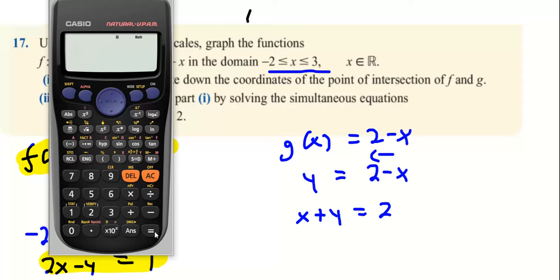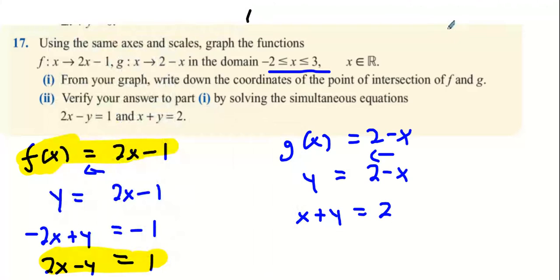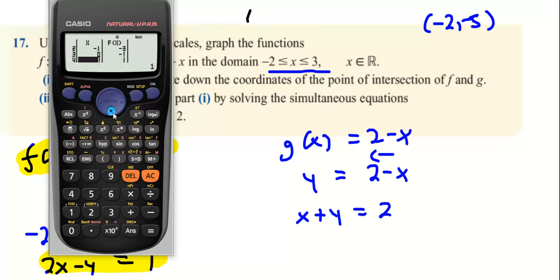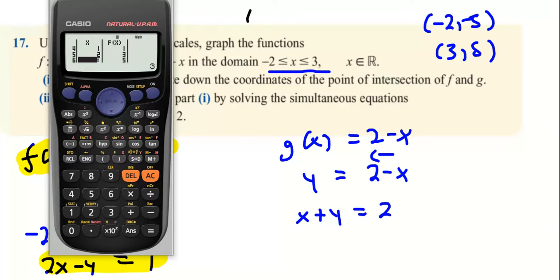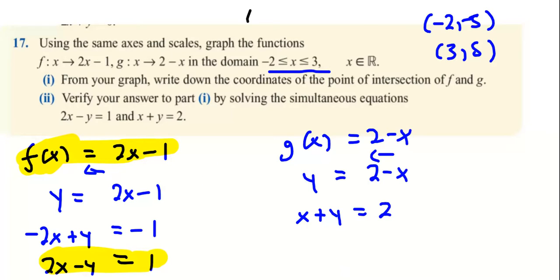Step of 1. Look at my first point, which is -2, -5. Look at my furthest down point, which is 3, 5. Oh, sorry, -2, -5, and 3, 5 to my knowledge. Yep. So -2, -5, and 3, 5.